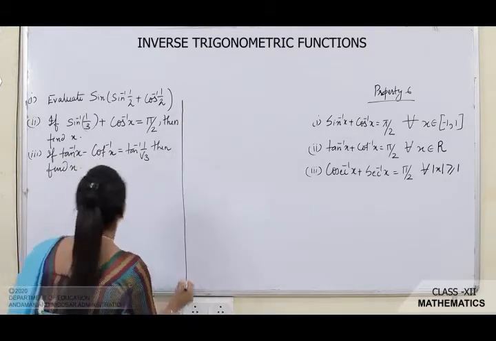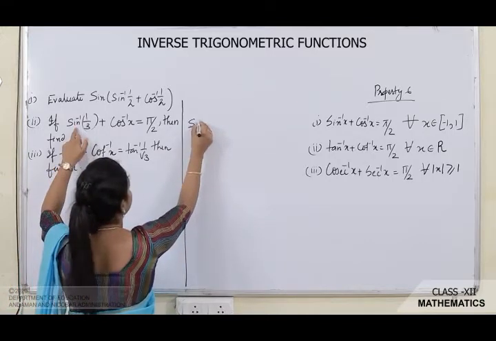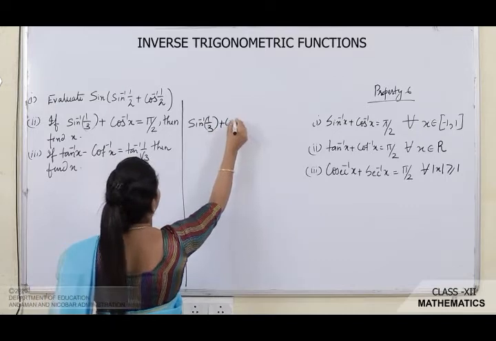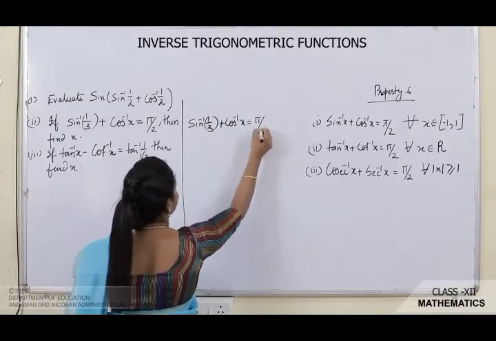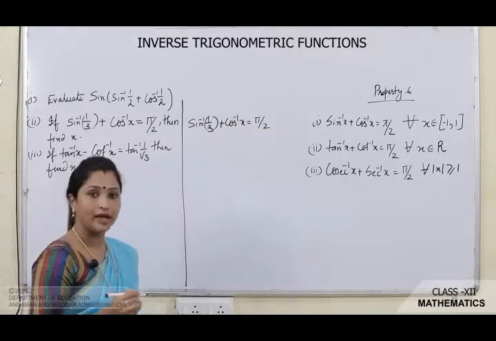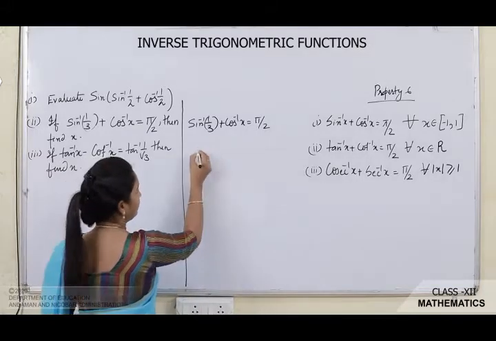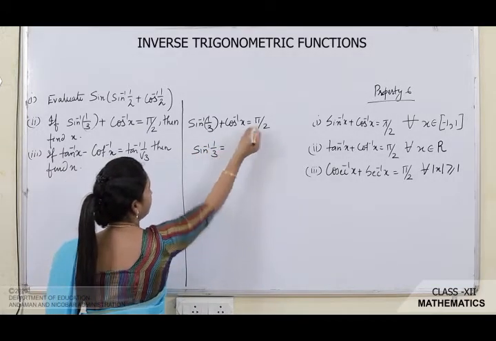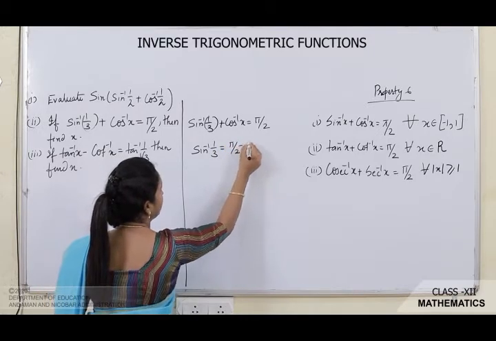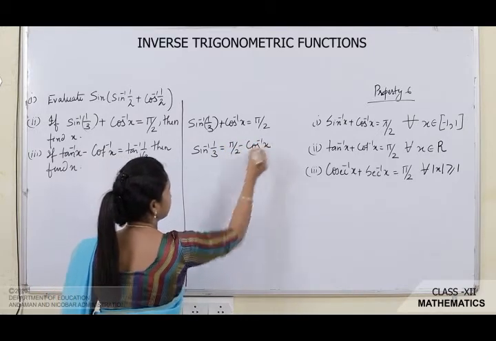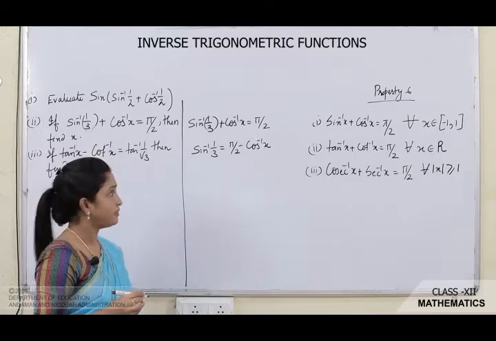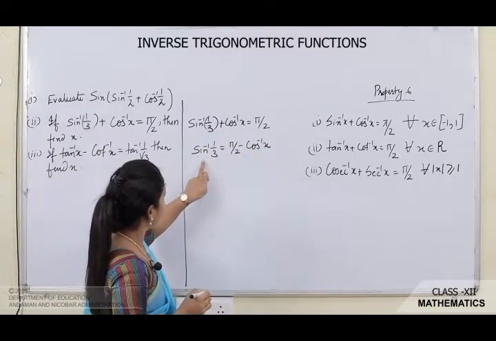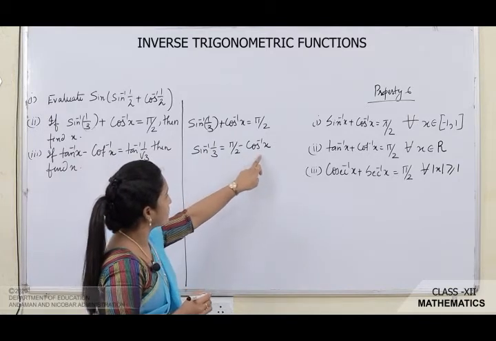You have to find the value of x. What I am doing here, sin inverse 1 by 3 can be written as pi by 2 minus cos inverse x. Is that clear? I am taking cos inverse x to the other side. So sin inverse 1 by 3 will be what? Pi by 2 minus cos inverse x.